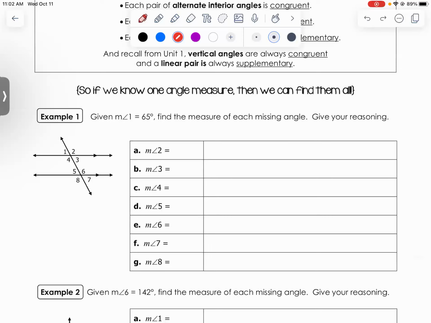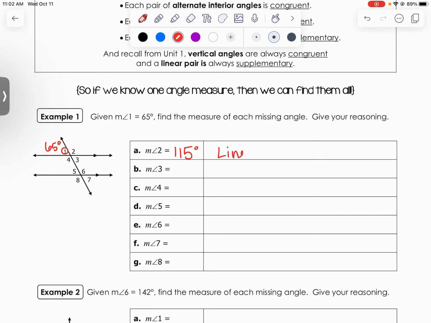We know that angle 1 is 65 degrees. So what does that mean for angle 2? Braden, how do you know that?